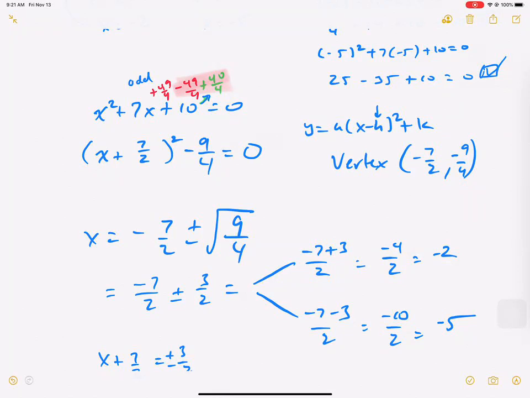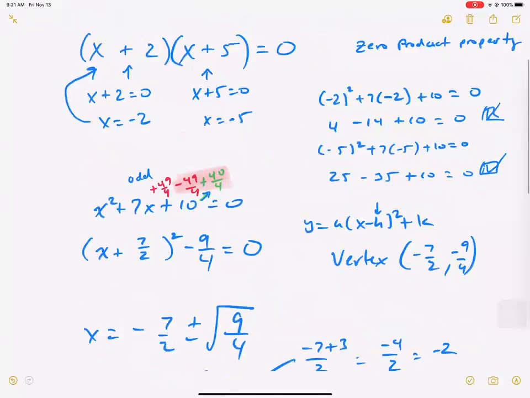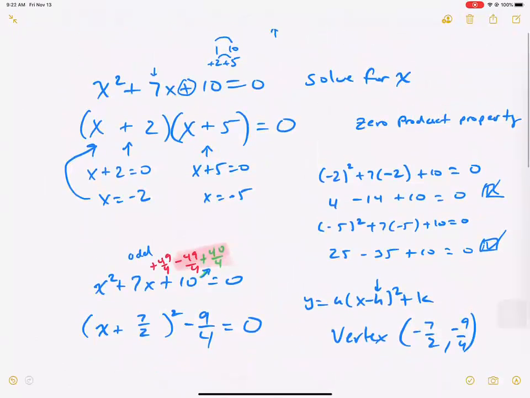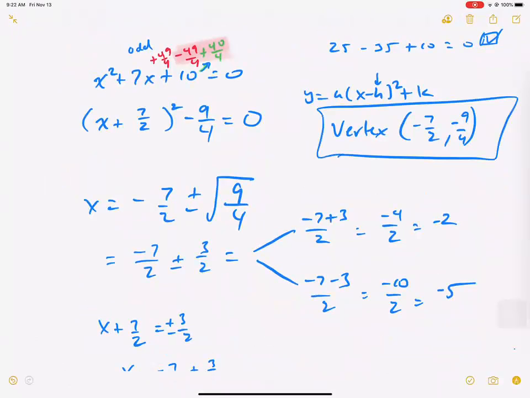So if you are trying to graph this parabola, hey, the vertex is very nice to have. The vertex is super nice to have, right? So factoring is great. It gives me my zeros. Completing the square is nice because it gives me a little bonus point, my vertex, and the answers.